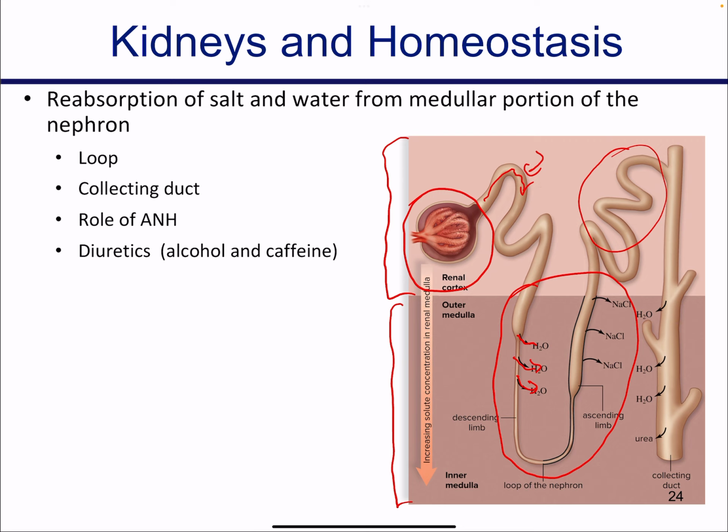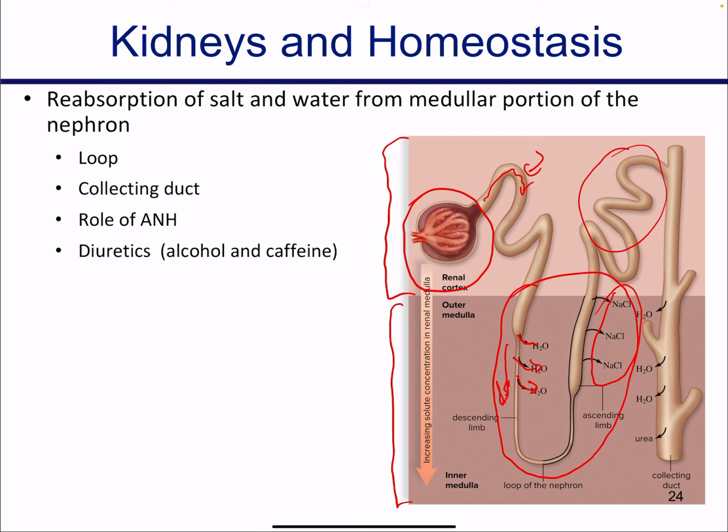In the descending loop, water is going to be reabsorbed from the loop, while sodium chloride is going to be absorbed from the urine to the tissue so that the salt, the sodium chloride, can remain in our tissues.